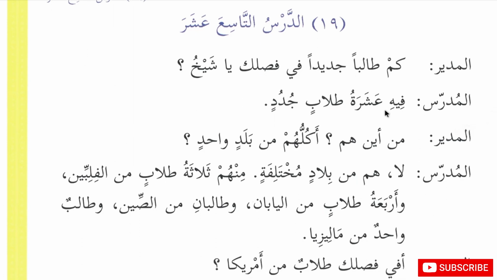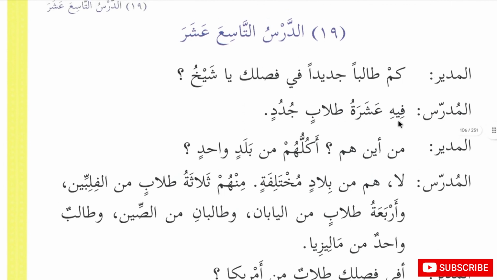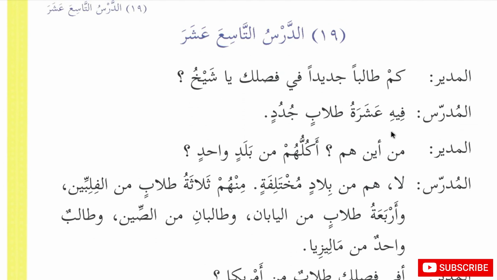Fihi, in it. Now we'll also cover numbers in this lesson. Fihi, in it, the classroom, asharatu tullabin jududin. So when referring to numbers between 3 and 10 in Arabic, you mention the number first. So this is 10, ashara. So it's asharatun. We make it a mudaf, mudaf ilayh, an idafa relationship, similar to how we did it in our earlier lesson, like for example Kitabullah, the Book of Allah.